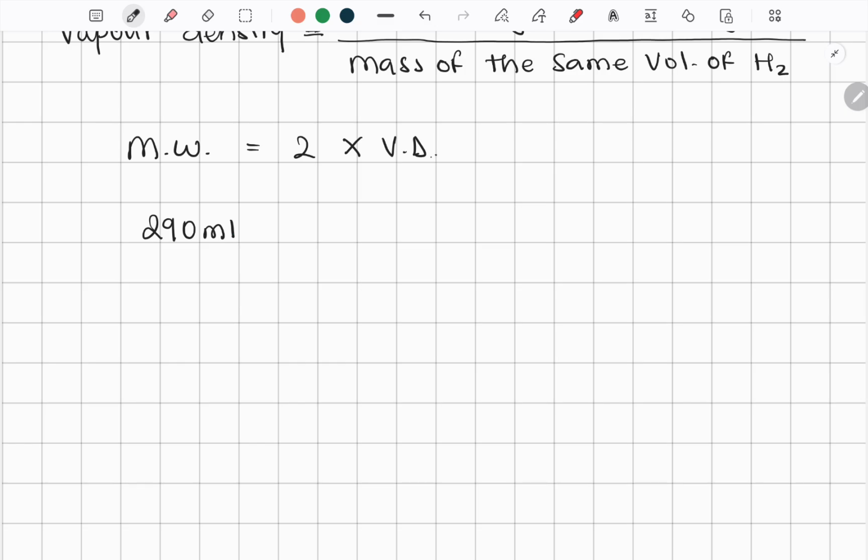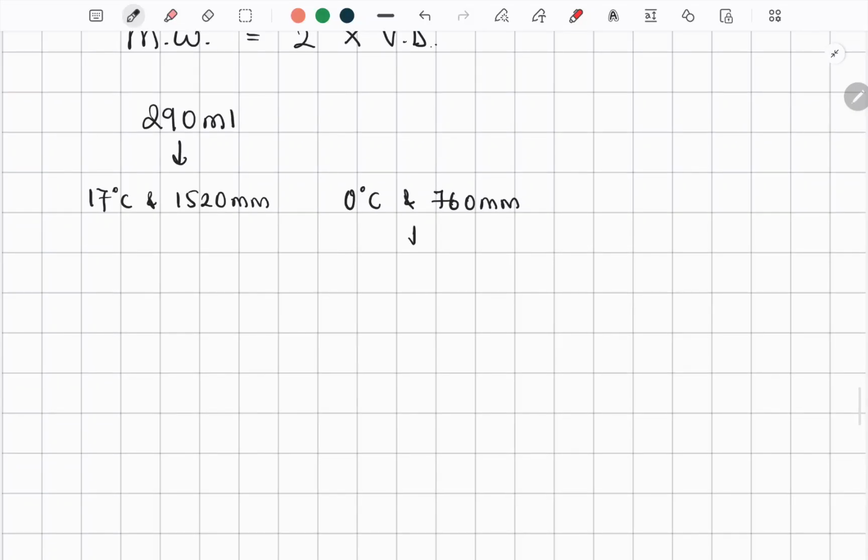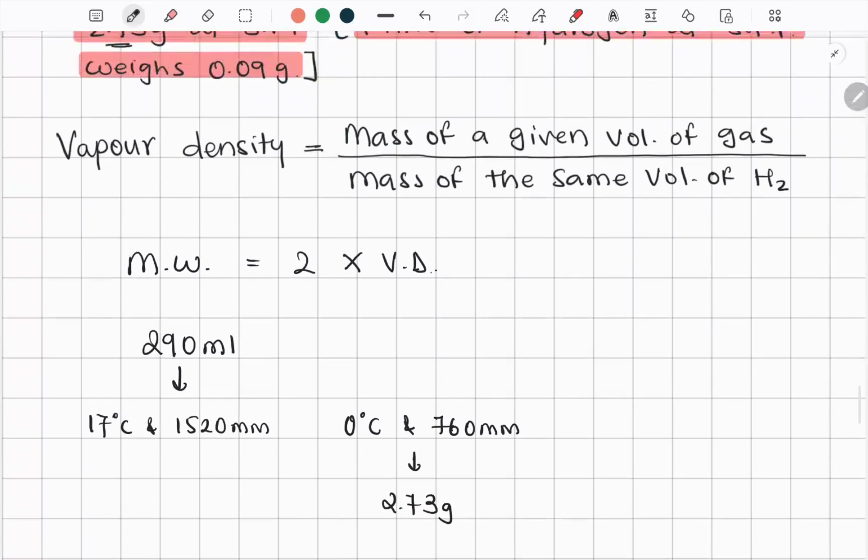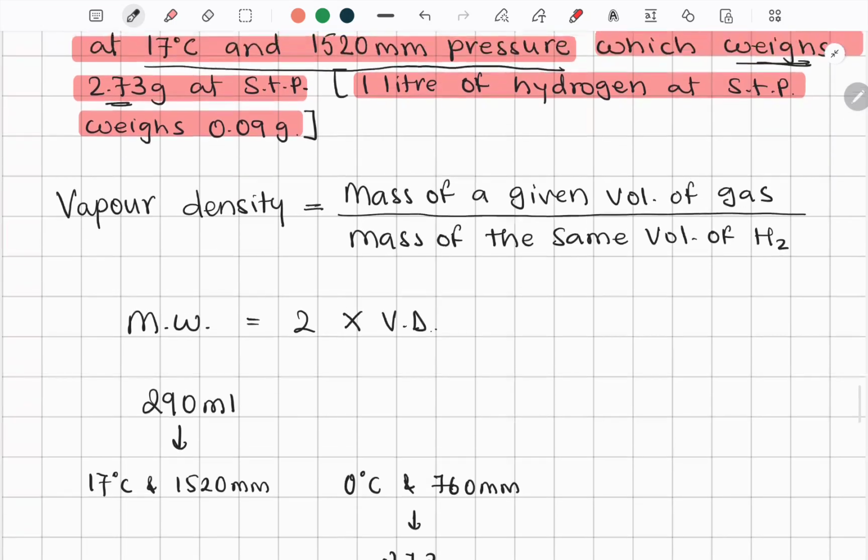If you measure the volume, it comes out to be 290 ml, but that volume is at 17 degrees Celsius and 1520 millimeter pressure, and not at s.t.p. condition. The s.t.p. condition is 0 degrees Celsius and 760 millimeter pressure. At this s.t.p. condition, the gas A weighs 2.73 gram.